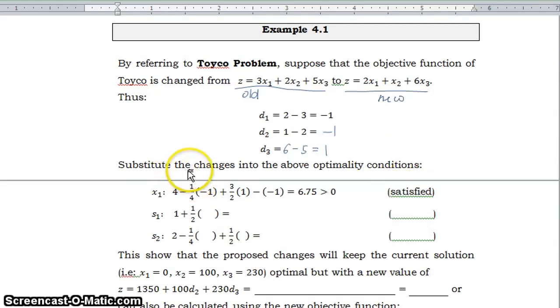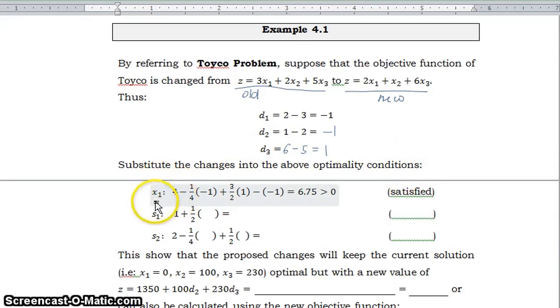Now let's substitute the changes into the above optimality condition. We want to check whether these changes affect the optimal solution or not. We substitute D1, D2 and D3 into the optimality conditions of the reduced costs.